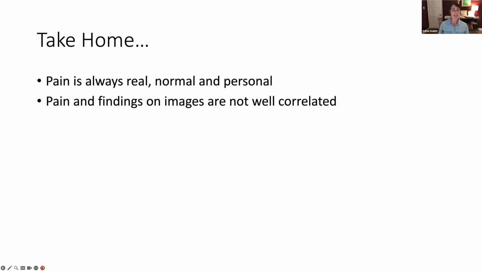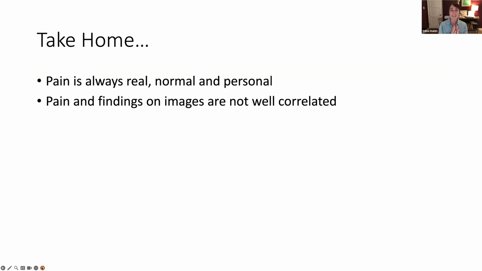And a take home that I want you to start to take away from this is just that, again, our pain is always real, it's always normal, always personal. We can't expect to know what somebody else is feeling when they're experiencing pain, even if they have the same exact diagnosis or the same exact findings. And then also just that pain and findings on images are not well correlated.